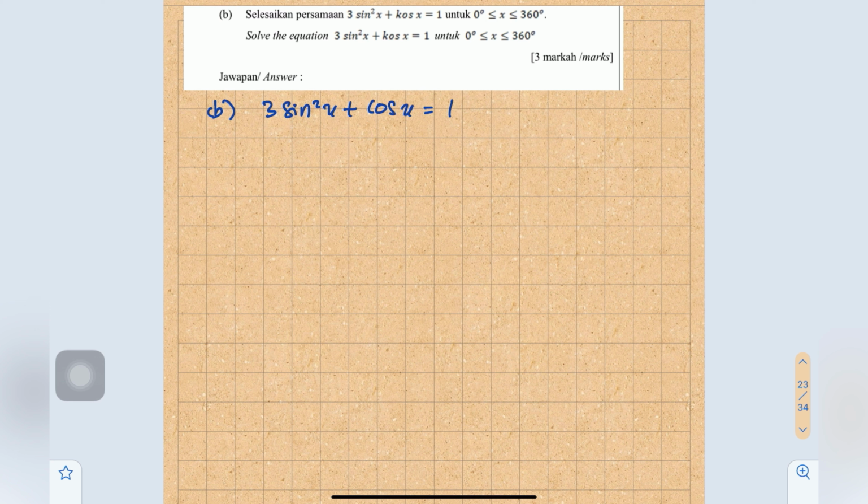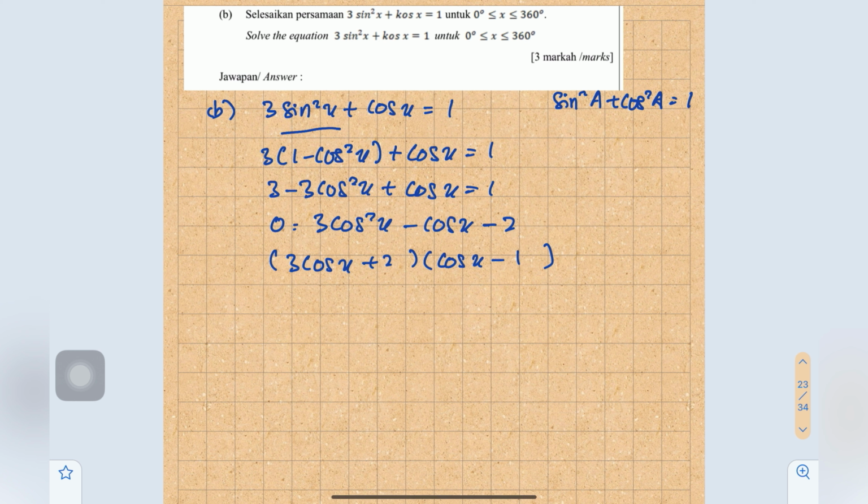So this one is kita boleh factorize, kuadratik kan, kita boleh factorize, kita akan dapat berapa ni? So 3 cos x plus 2, minus 1. So dapatlah cos x equals to negative 2 over 3 and cos x equals to 1.